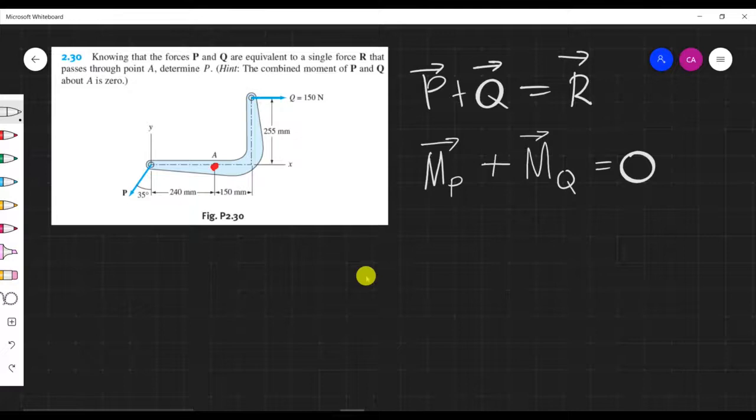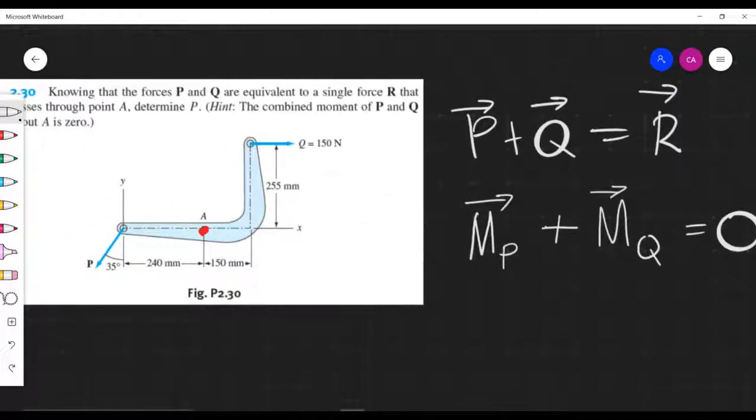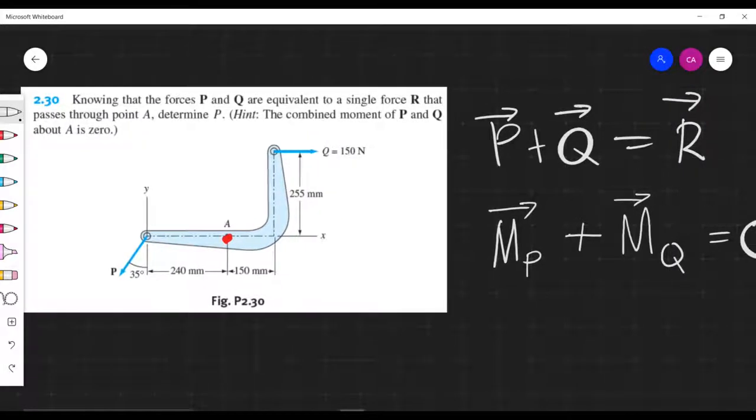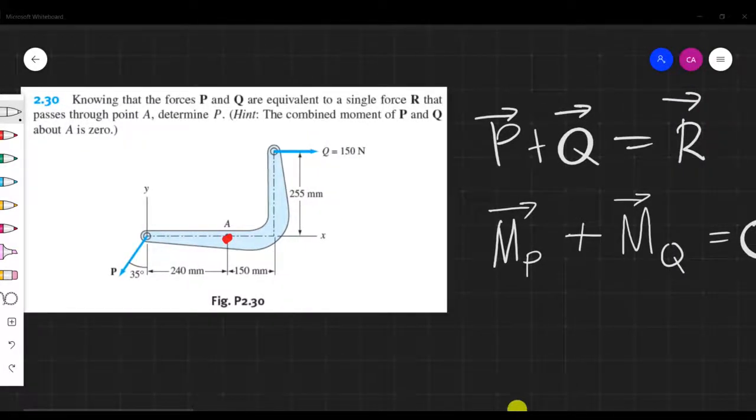Kapag, 'di ba last time kanina, nagkaka-resultant ang grupo ng force if they are concurrent. Okay, dun muna tayo sa first statement, no? P plus Q is equals to R. So, pag doon nangyari yan, the problem is concurrent.